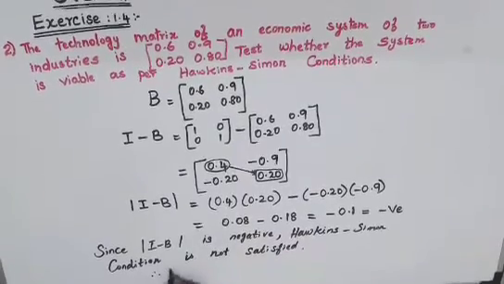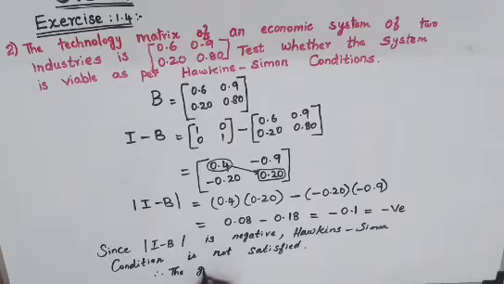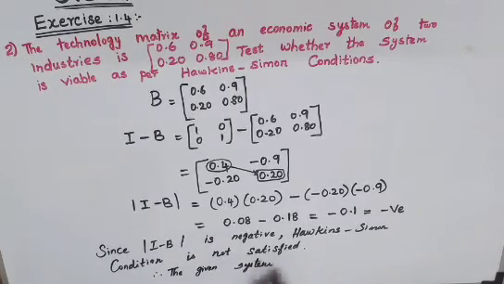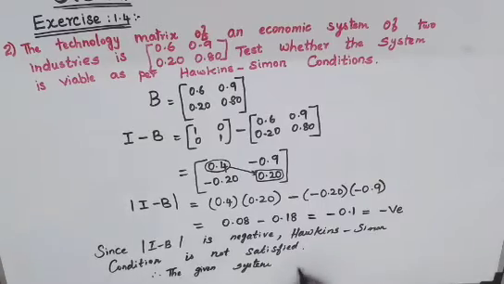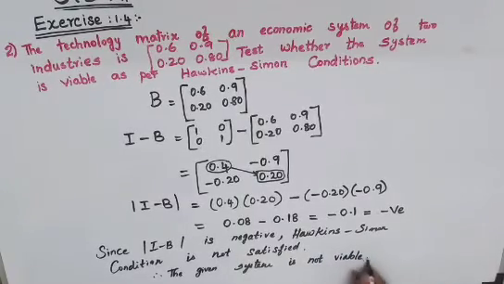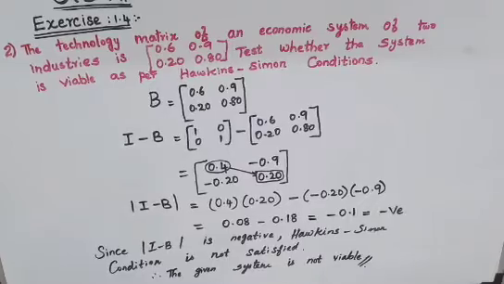Therefore, the given system, so if you have got positive you can write it as viable. Since we have got negative you will have to write it as the system is not viable. So this is the answer for your second question.